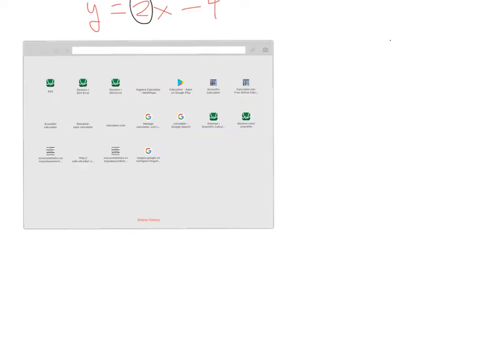Now we have perpendicular lines. Let's find the equations for these lines as well. So starting with the blue line, y-intercept is 6, and we want to find the slope. So we want to find the change in y over the change in x. So let's go from this point right here to that y-intercept. So that first point, we are starting at a y value of 2, and we're going up to a y value of 6.